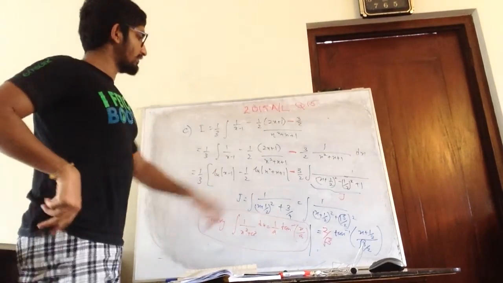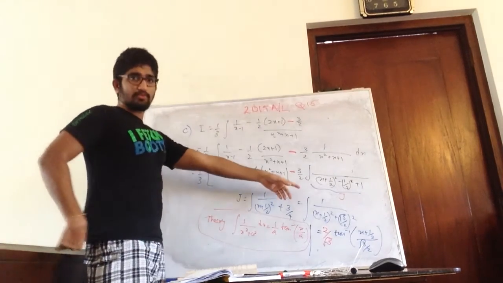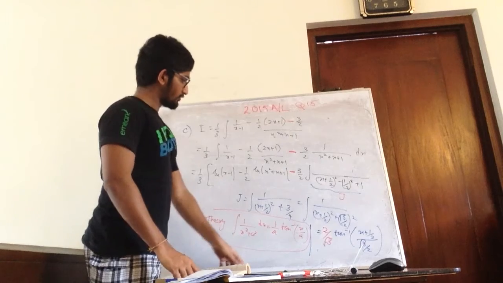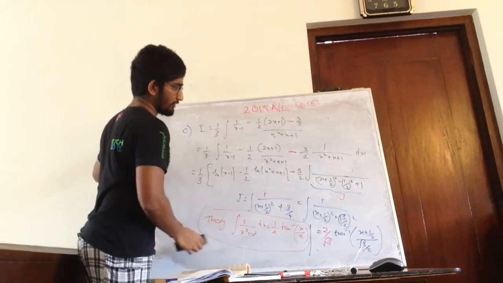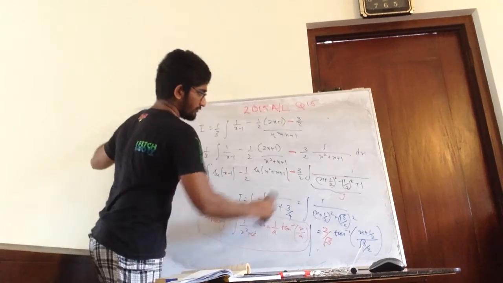Right, so we basically know this. So now it's a case of substitution. I'll just substitute this now. So I know this answer. So the answer is what? This one.